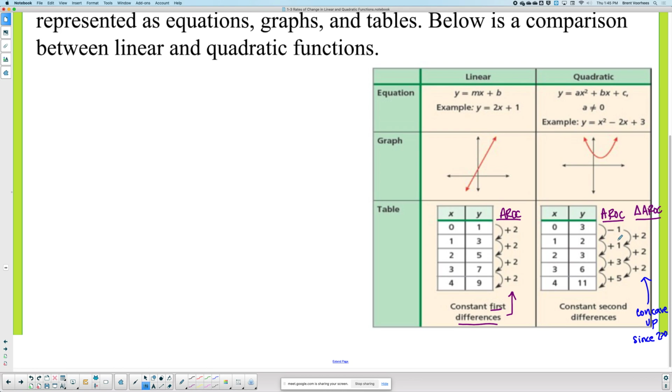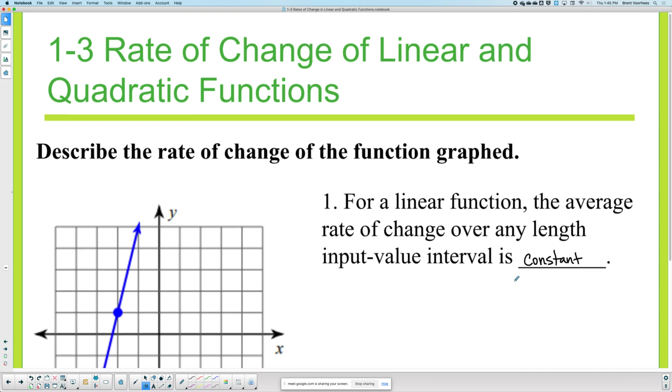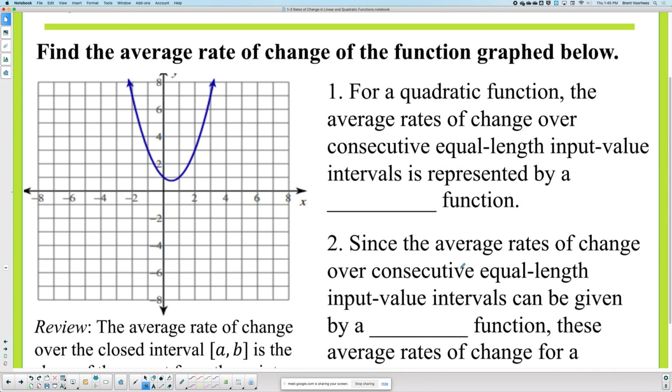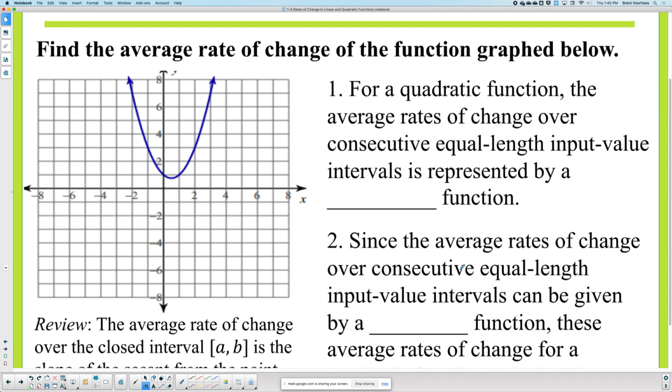No, this would be something that's linear. It has a slope to it. This AROC is changing, so it would be linear. The AROC is represented by a linear function. That means we could find an equation to represent what the AROC values would be.